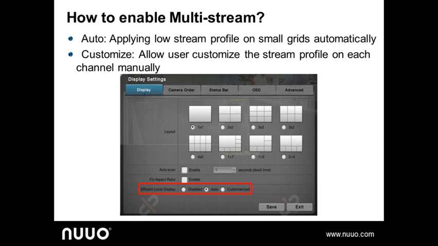It can assign different streams to different layouts. The auto selection means that it will assign the low profile stream to small grids and the original profile to big grids. But if you change the default stream to another stream profile, the selection will change to customize and won't assign a different profile to each grid automatically.